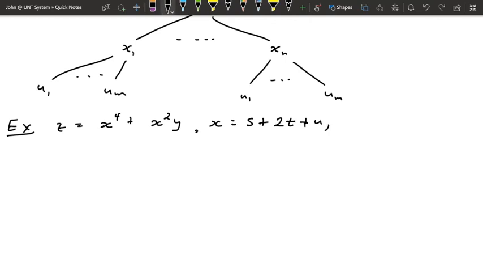And y is also a function of s, t, u: s times t times u squared. Okay. Let's take the partial derivative of z with respect to t at the particular point s equals 4, t equals 2, u equals 1.